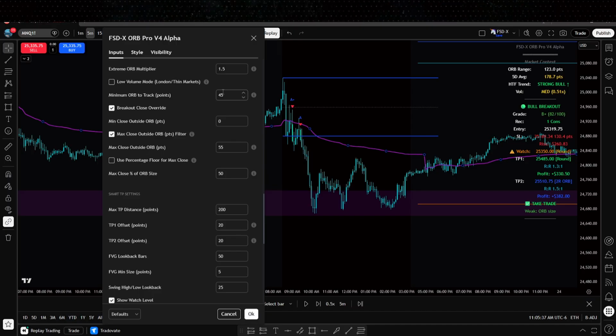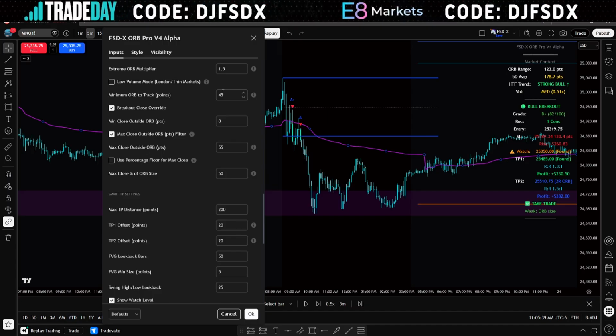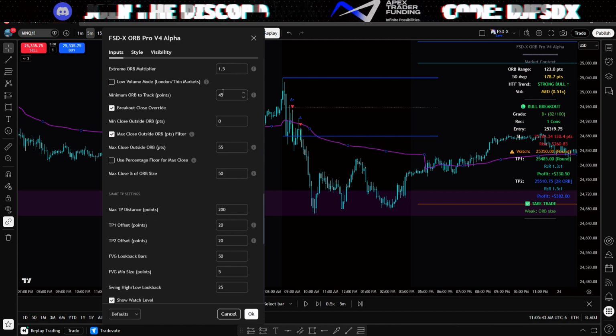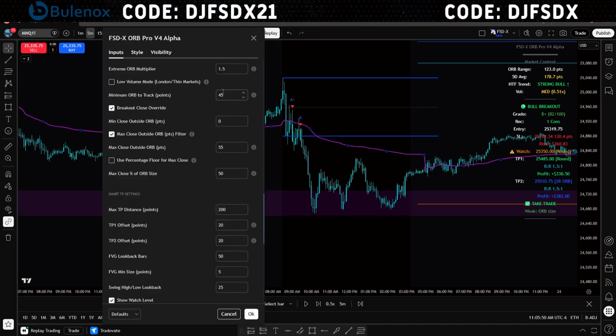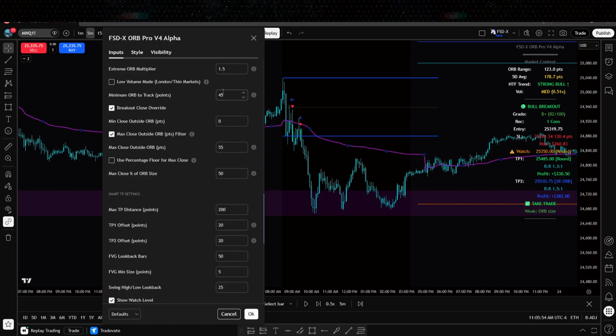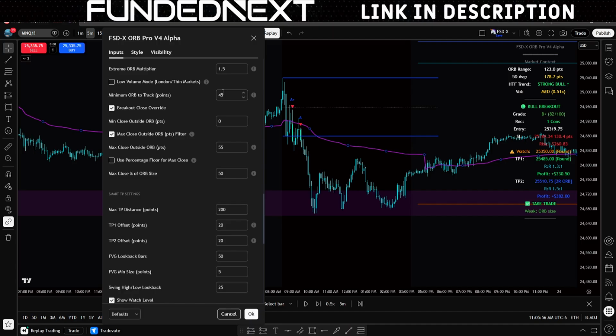This is something we've kept from, I think, one of my first indicators: the minimum orb track. Basically what this does is it filters out holidays and stuff. If there's an orb that is under 45 points, the system just ignores it if it's too small.